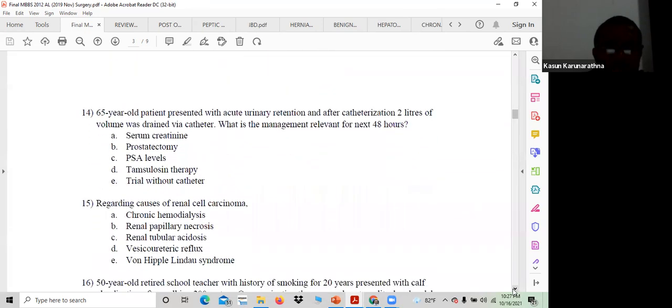Then, a 65-year-old patient presents with acute urinary retention, and after catheterization, 2 liters of urine was drained by the catheter. What is the management relevant for the next 48 hours? Yes, acute urinary retention is due to lower urinary tract obstruction, right? There's a painful inability to pass urine, and on examination there will be a tender palpable bladder.